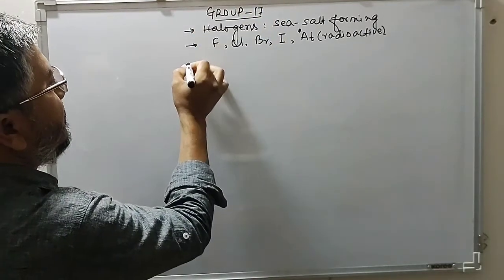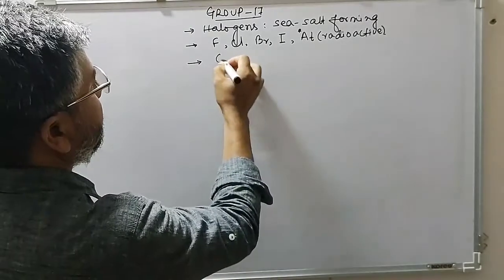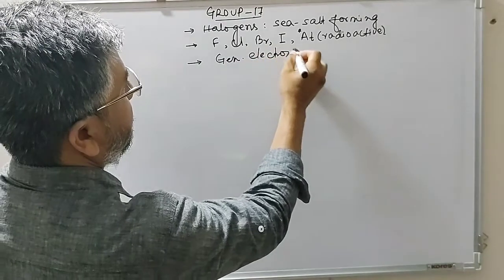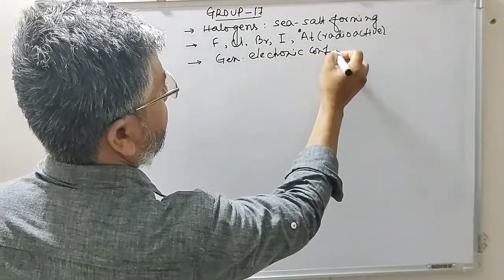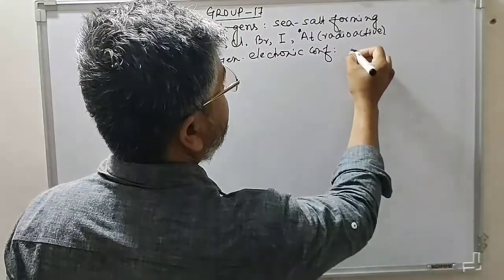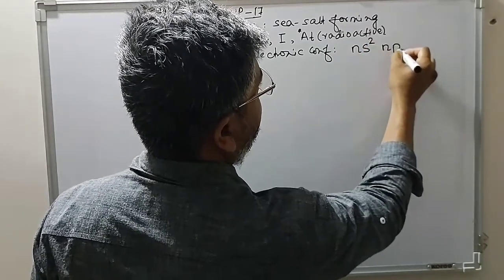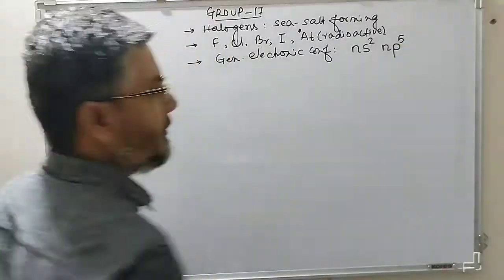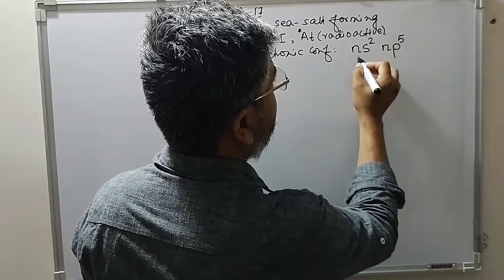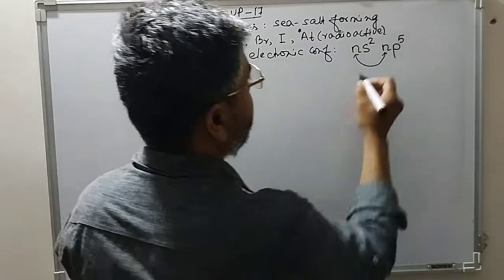These group 17 elements have the general electronic configuration of the valence shell, that is ns2 np5, where n is the principal quantum number of the valence shell.